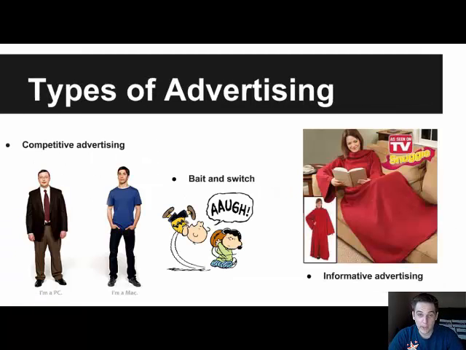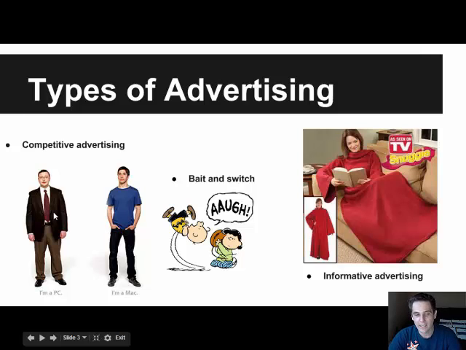There are three types of advertising that companies will use to attract your business. One is direct competitive advertising. You've seen the I'm a PC, I'm a Mac commercials where they compare, like usually the Mac is like, oh, I'm so cool, I do all these cool things. And the PC's like, I'm a PC, I can do one thing and not very well.